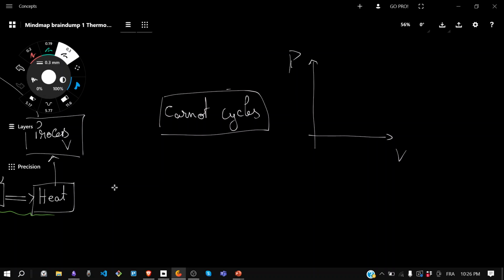So we have pressure and volume, and this is where the model comes in. So here it's Carnot cycles plus an ideal gas model, because there are Carnot cycles outside of that, but I haven't learned how they work. Ideal gas.